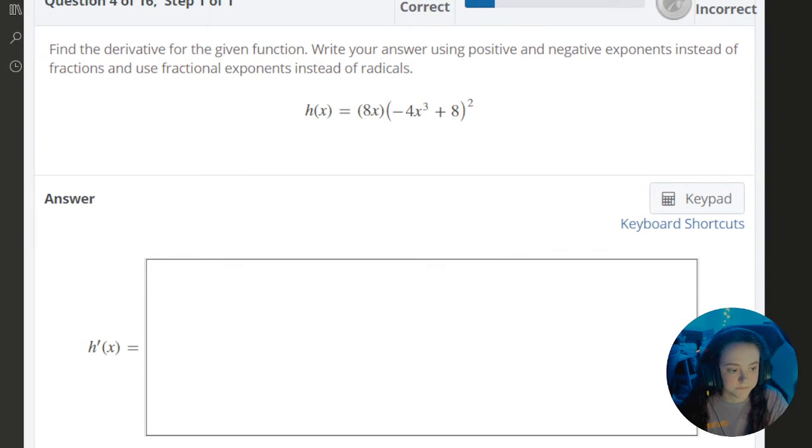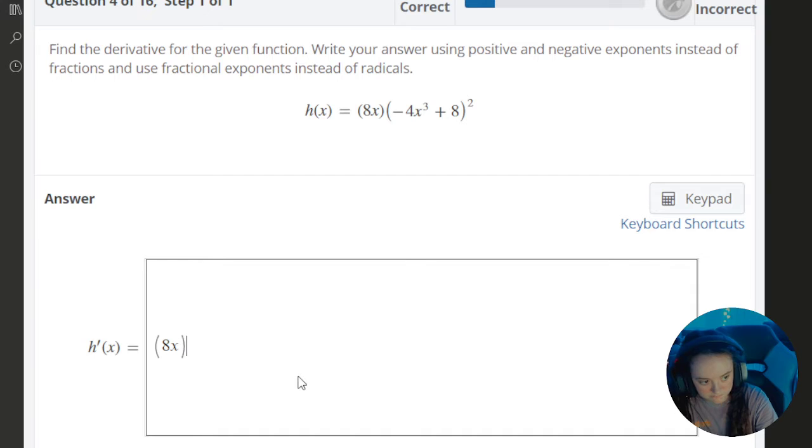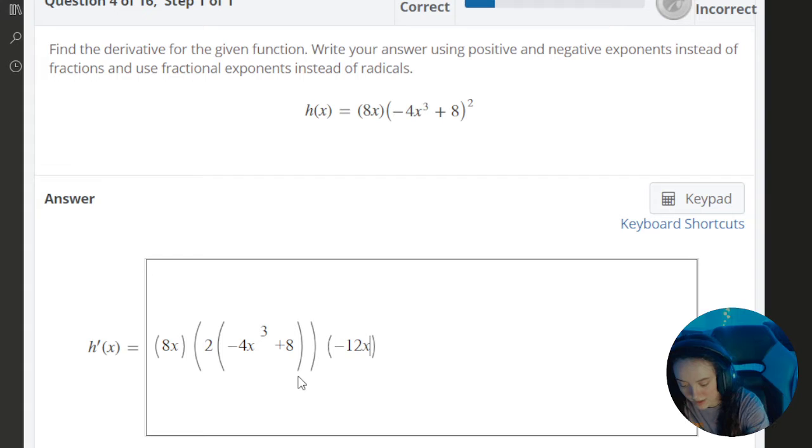So, 8x times 2 times (negative 4x to the third plus 8), and I forgot a parentheses when I was working it, times negative 12x squared, plus 8 times... Like I said, I would rather do too many parentheses than not enough.